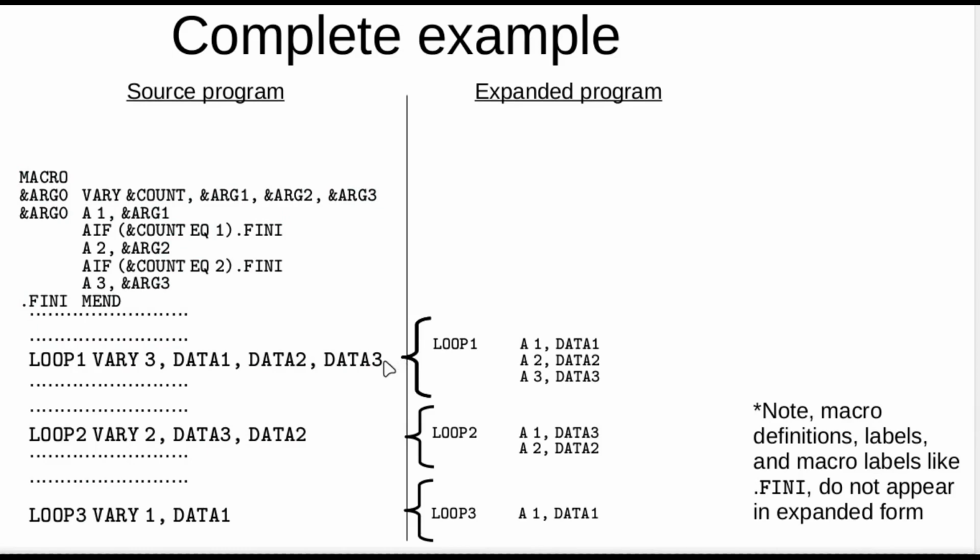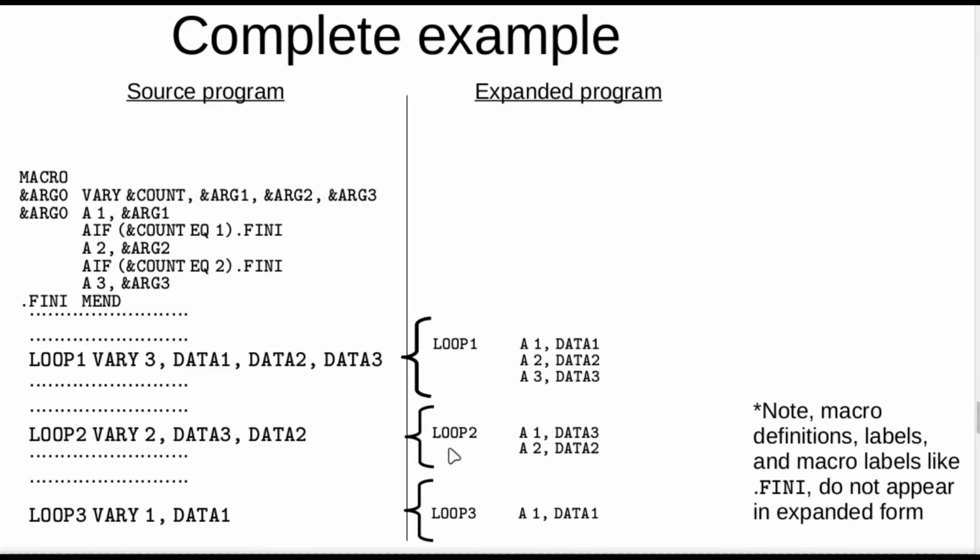This first call can be expanded as loop1 is the name of the label that is passed for the first instruction in the macro definition, right? So loop1 followed by the first instruction, a1 data 1, a2 data 2, a3 data 3. This is the simplest example where there was no actual branching, right? In the second macro call, we have not passed any parameter for ampersand arg3, and the value of count is set at 2.